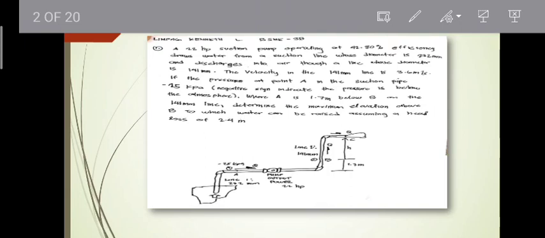If the pressure at point A in the suction pipe is negative 25 kPa, the negative sign indicates the pressure is below atmosphere, where A is 1.7 meter below B on the 141 line. Determine the maximum elevation above B to which water can be raised, assuming a head loss of 2.4 meter. As you can see in the figure below.